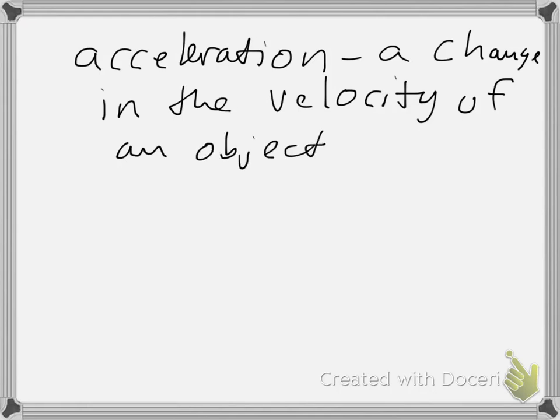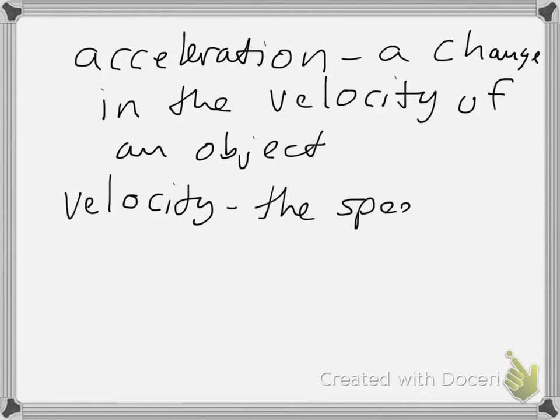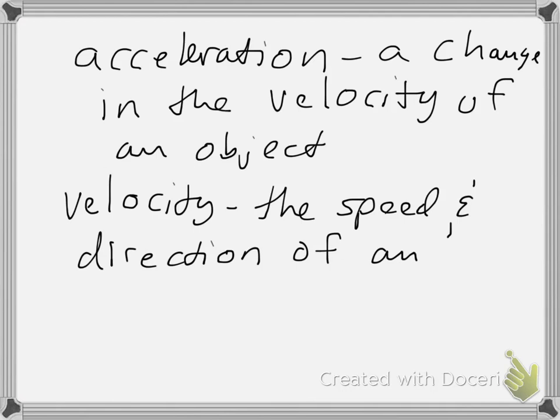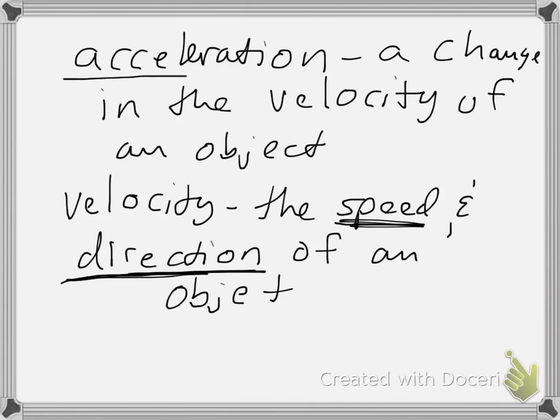Acceleration is a change in the velocity of an object, where velocity is the speed and direction of an object. So if either one of these changes, if the speed changes or if the direction changes, then you have an acceleration.